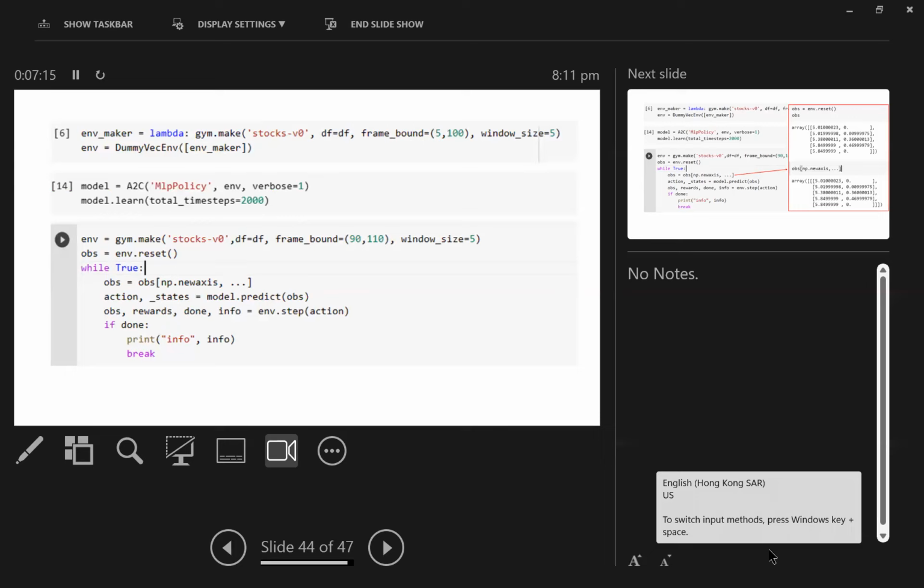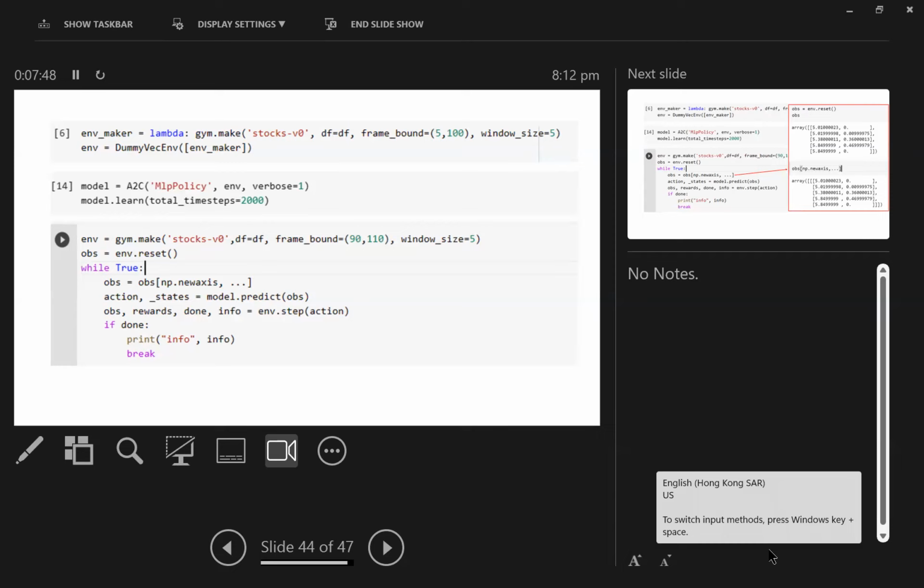Basically, we need to create a data structure that contains information for creating an environment. How do we do that? We create a function. If you know Python, this is the shorthand for creating a function, called a lambda function.